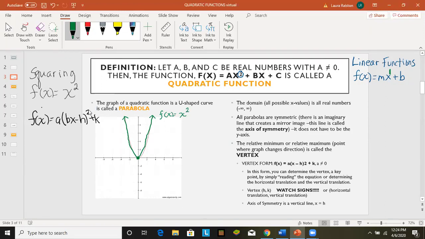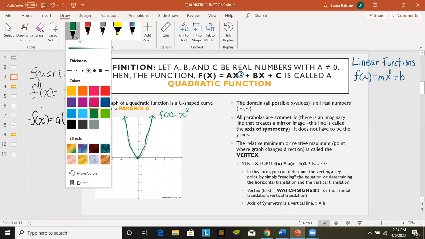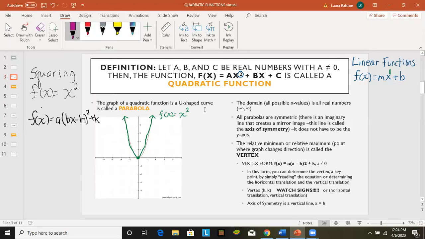As was true with the linear functions, it is also true with the quadratic functions that the domain, all of the possible x values, is all real numbers from negative infinity to positive infinity. For all parabolas, one of the new characteristics that you may not have recognized before is that they are all symmetric.